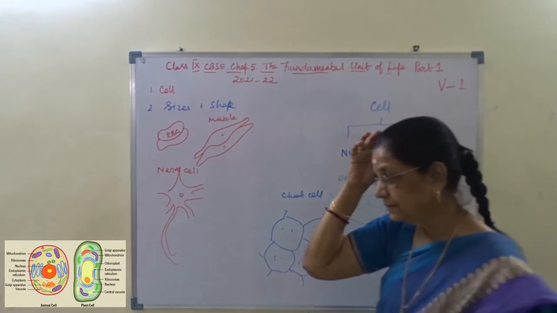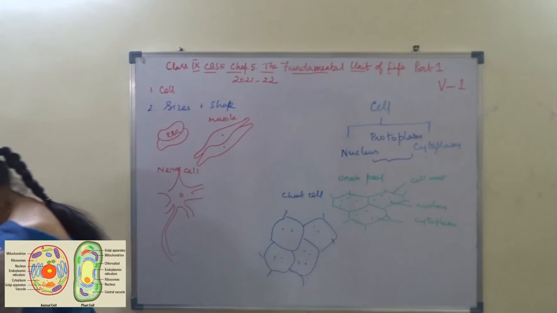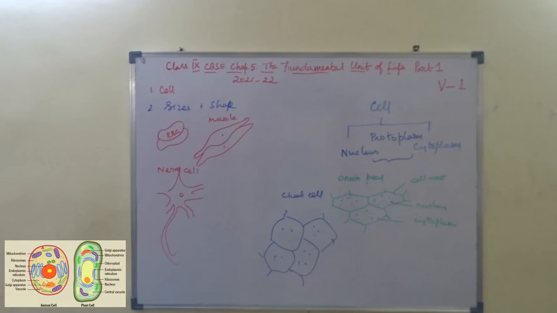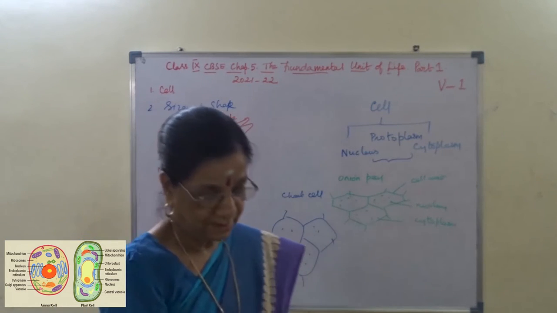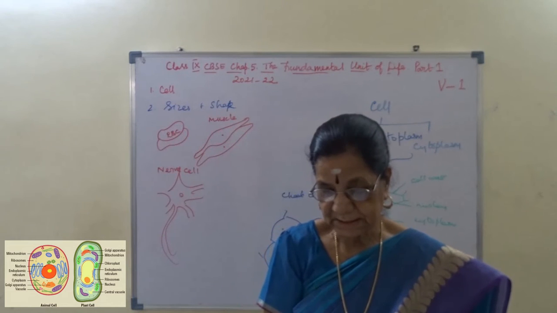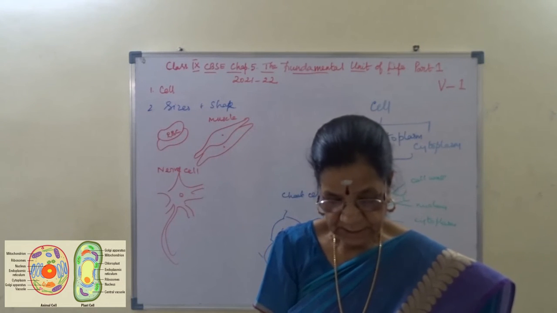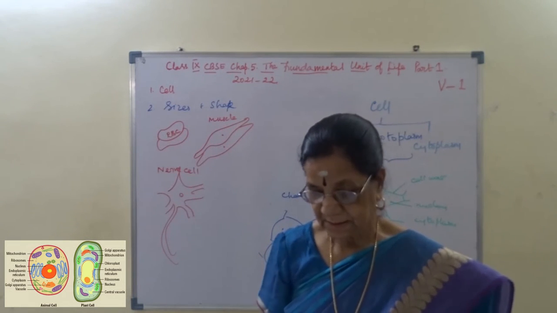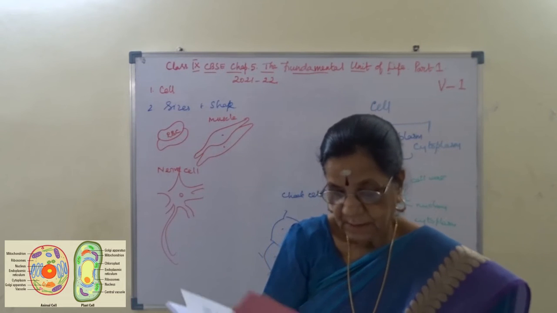Here what is given in our textbook? It is a smooth muscle, and then nerve cell having an irregular structure. That is for the structure.